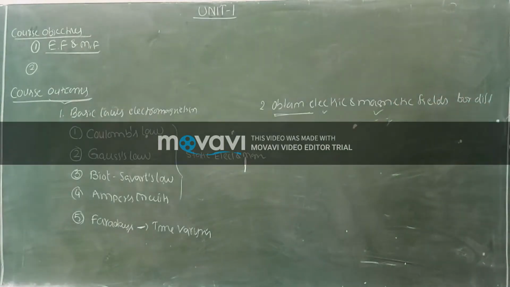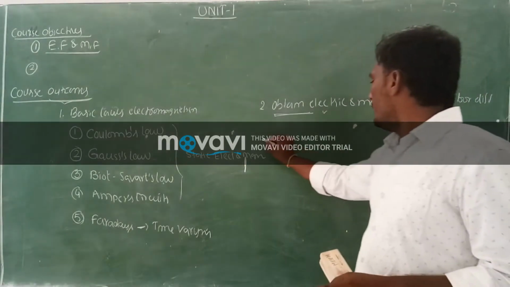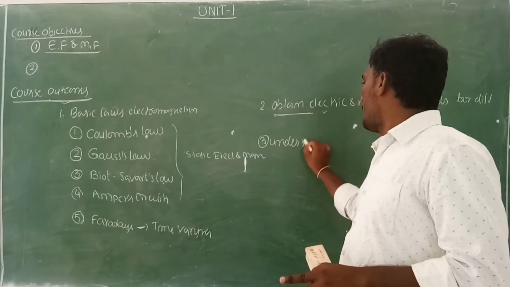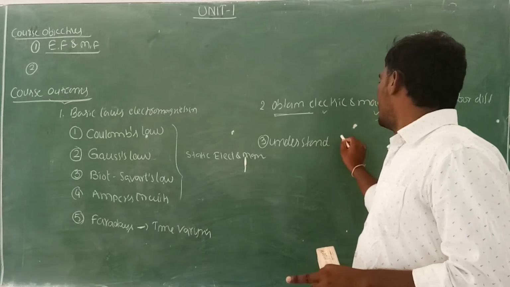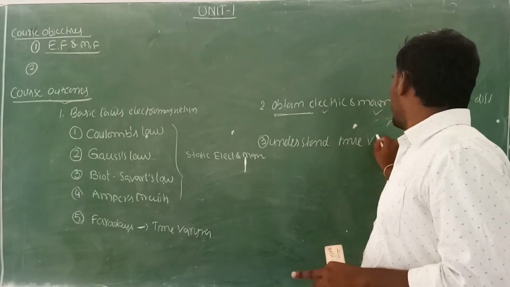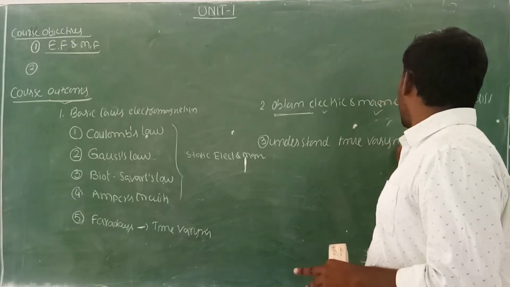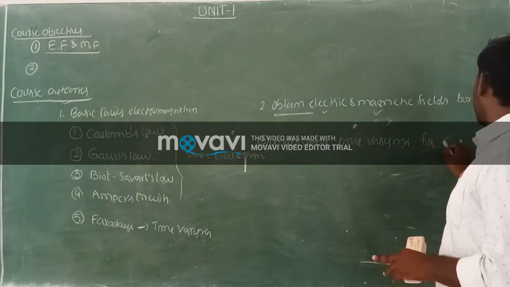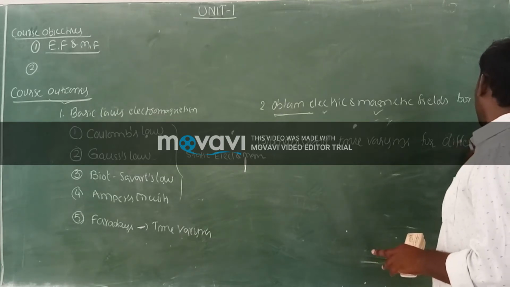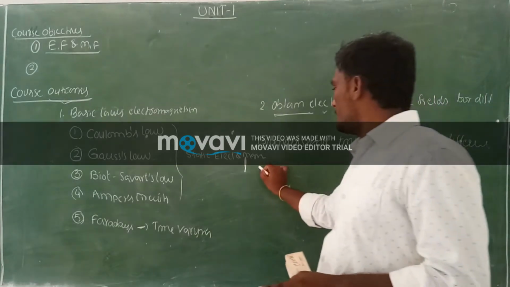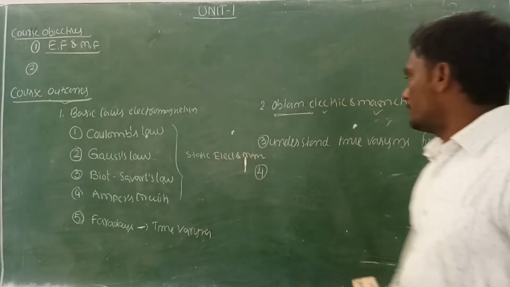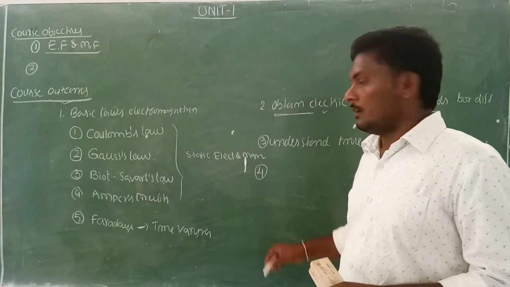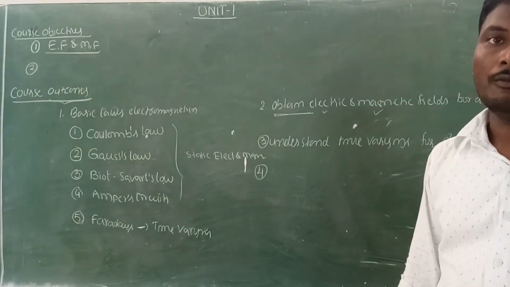Next, the third one is understand the time varying fields for different media. The last objective is under the fifth unit. That fifth unit is having electromagnetic waves.